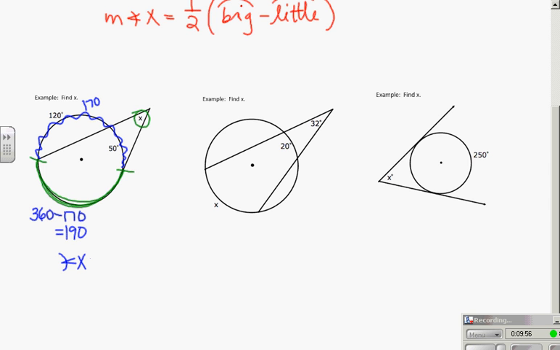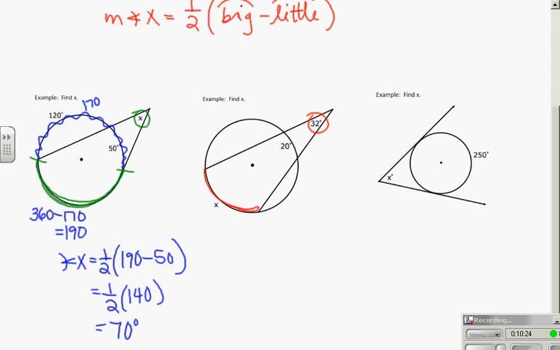Yep, check my math. Now I can say that angle x is equal to 1/2 of the big angle, 190, minus the little angle. And so I have 1/2 of 140, which is 70 degrees. So as long as you're remembering that big minus little, it's pretty easy.